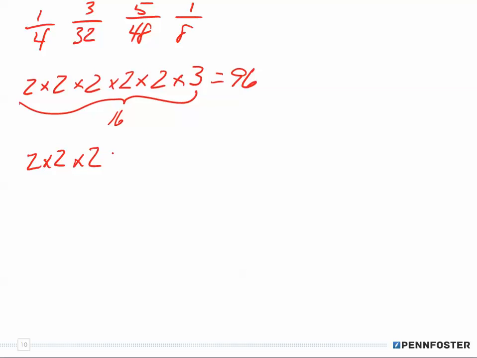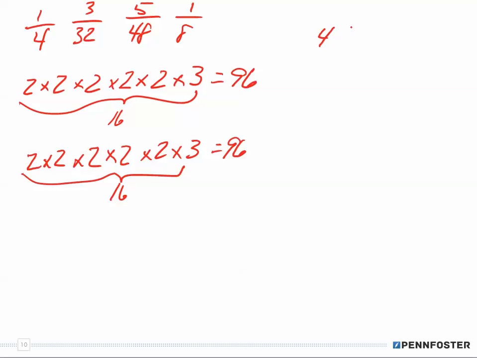Right, well, remember I'm staying with prime numbers: 8 times 2 is 16, times 2 is 32. Now, I know that 16 can go into 48 3 times, and then I multiply all together, and I get 96.